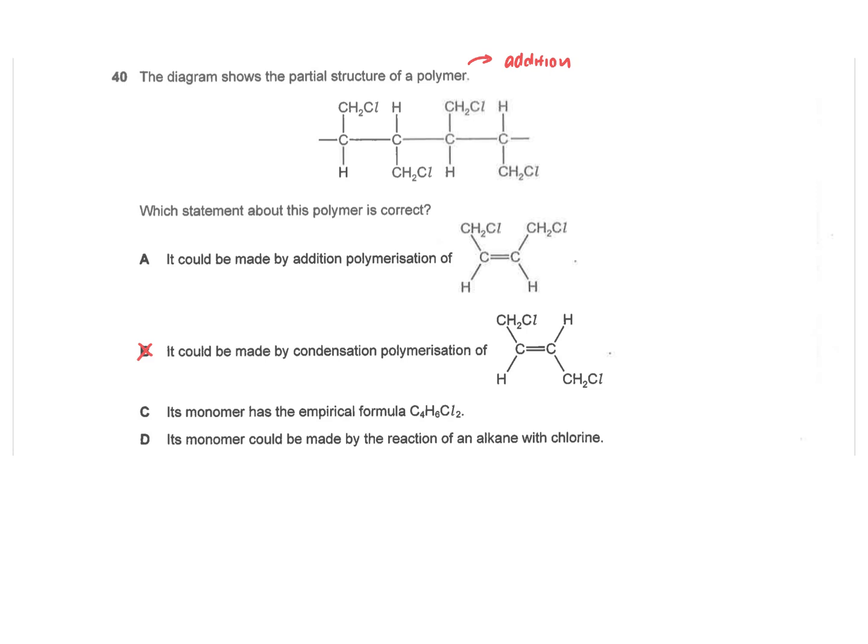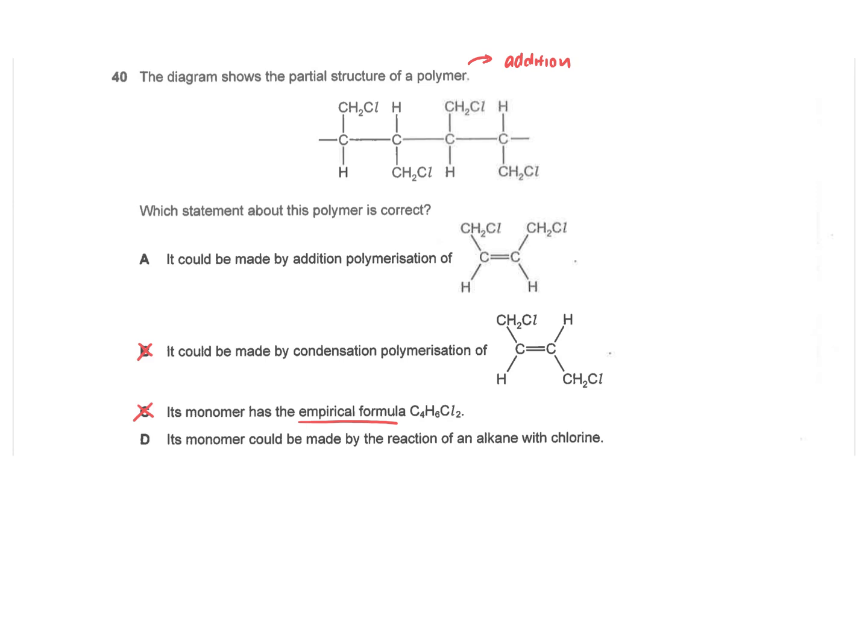What do I mean by that? If you look at C, its monomer has the empirical formula C4H6Cl2. If we recall that the empirical formula is the molecular formula in its simplest ratio, you would realize that this doesn't make sense because the formula given can be further simplified. So this cannot be the empirical formula.